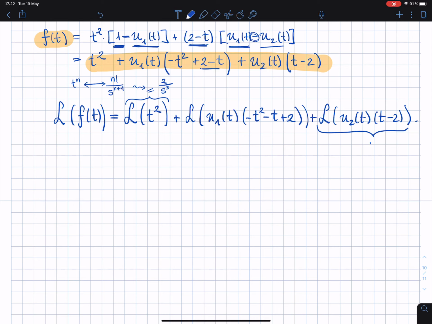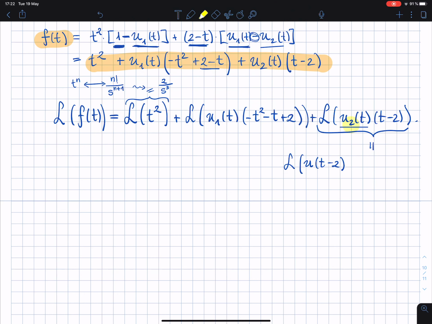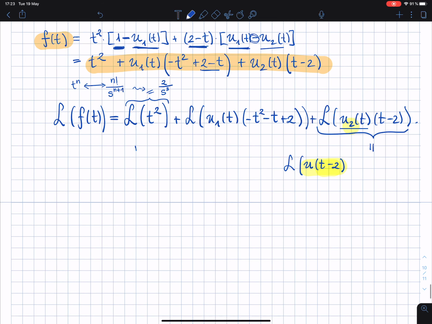What about this? This is the Laplace transform of u2 times t. Another way to write that is u of t minus 2. This is very, very important. You should always remember that writing u2 of t means making a translation of 2 to the function u. So if I have my step at point 2, the function is 0 here, and then it switches to 1.